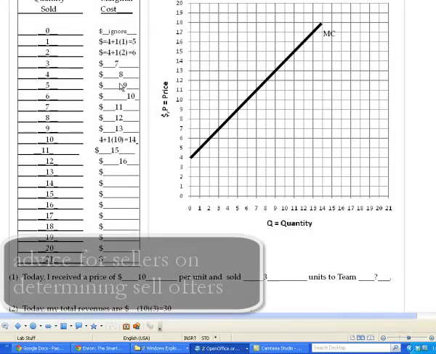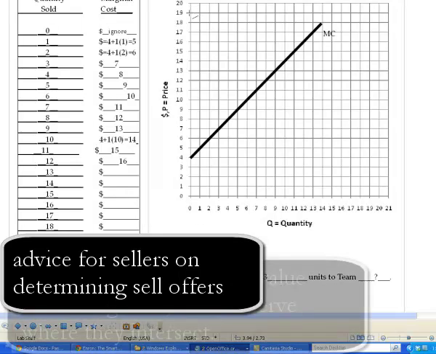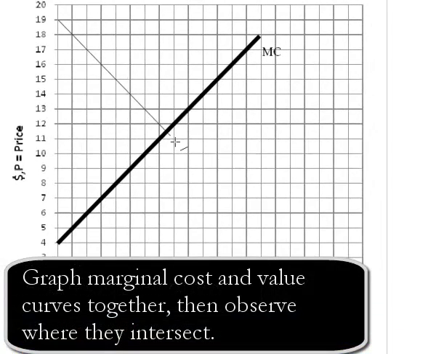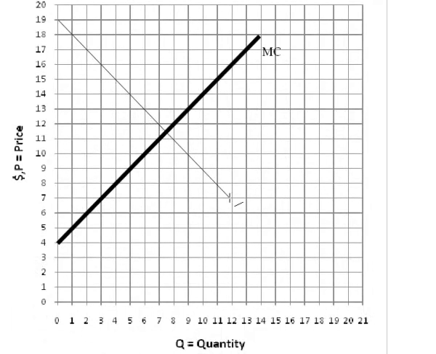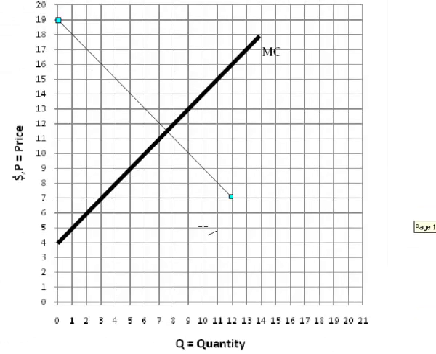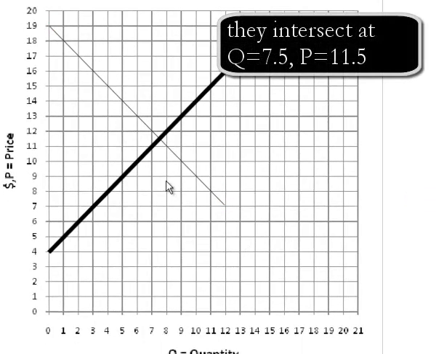But as a general rule, let me go ahead and just give you a shortcut on how to get a good price and quantity. What I like to do is come in here and also graph the marginal value curve. And so there I have my marginal value curve.